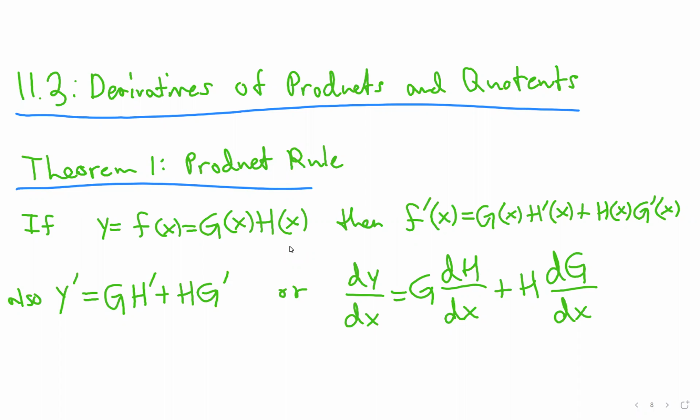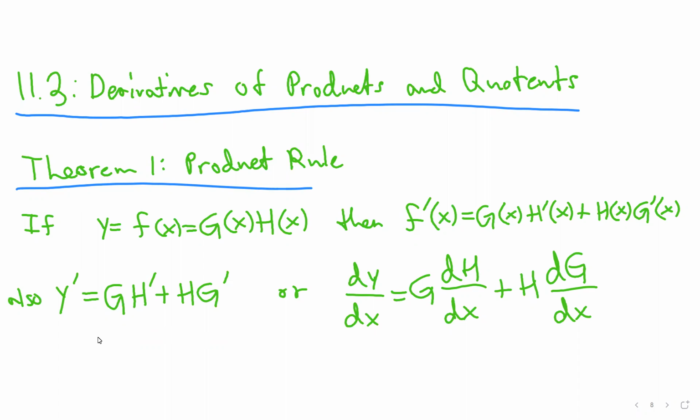Other notations that are useful for this particular product rule are looking at y prime equal to g times h prime plus h times g prime. This is the same statement as what we had right here, but it's just rephrasing it in a more simplified notation, which makes things a little bit more compact and digestible.